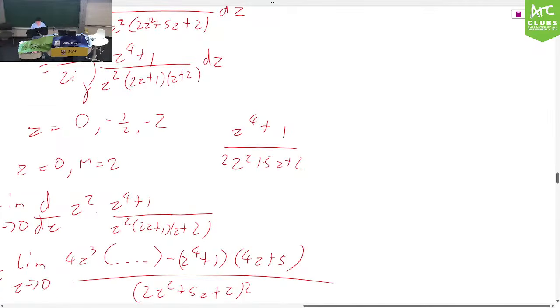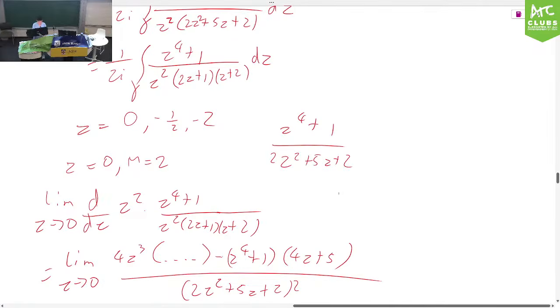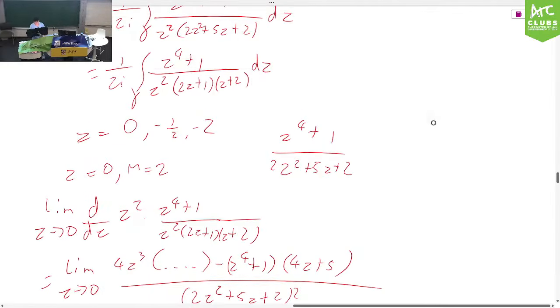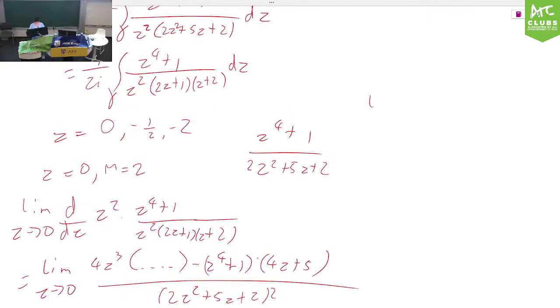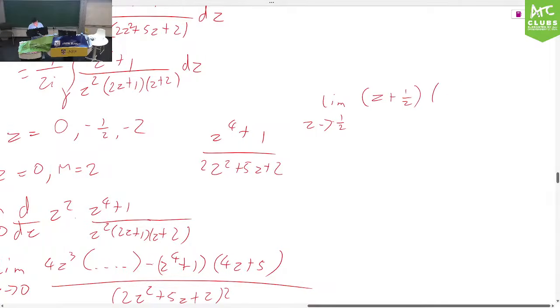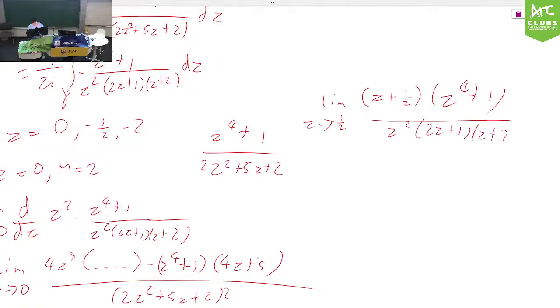Once again, we don't really care about the other factor yet. Remember, we're multiplying by z plus a half.